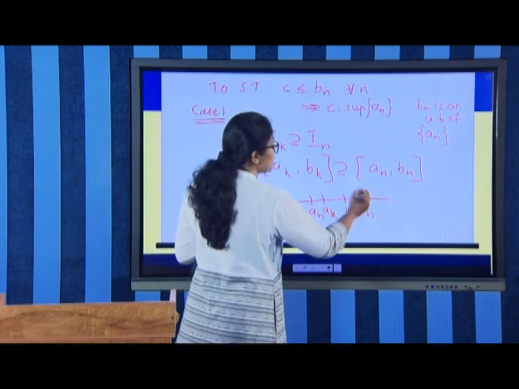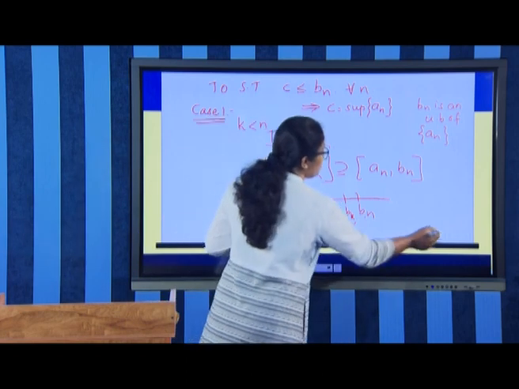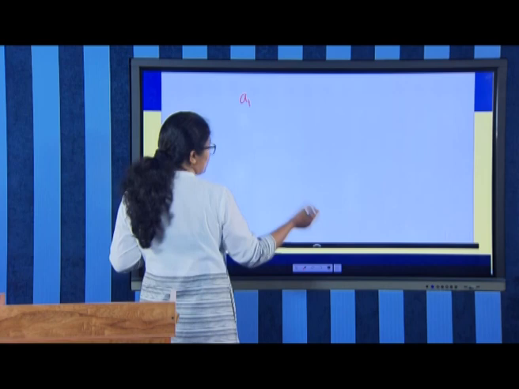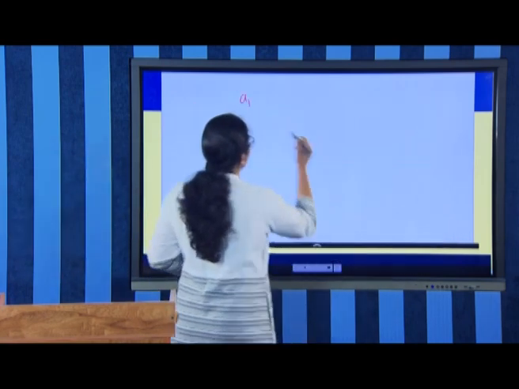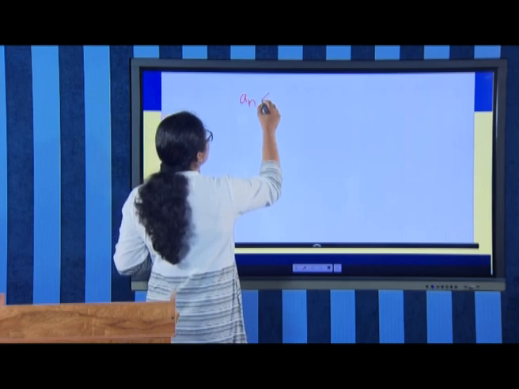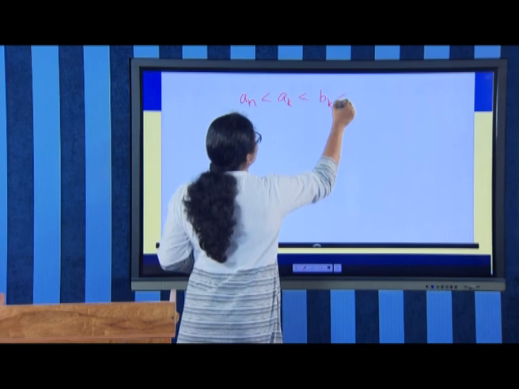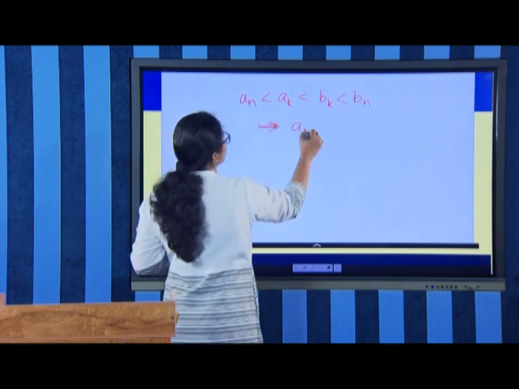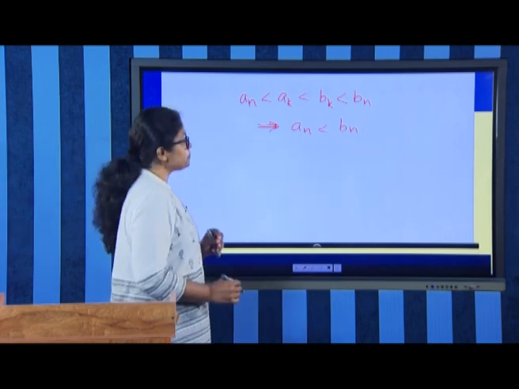Bn lies to the right side of all these elements, and therefore, since An is less than or equal to AK, An is less than or equal to AK, which is less than BK, which is less than Bn, this shows that An is definitely bounded above by Bn.